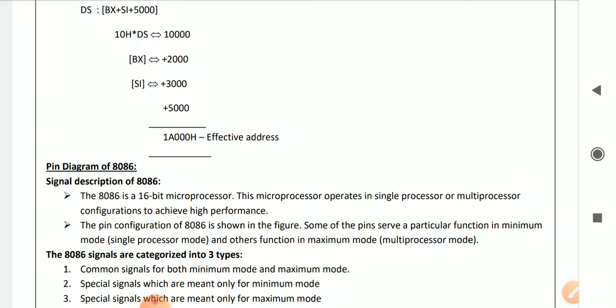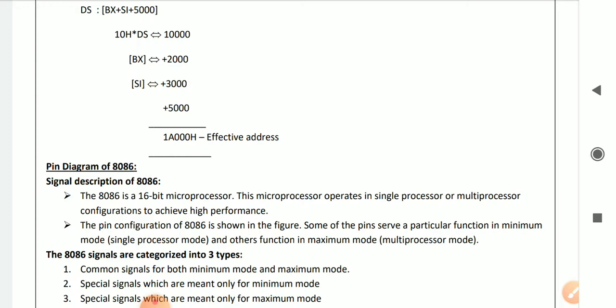Signal description of 8086. The 8086 is a 16-bit microprocessor. The microprocessor operates in single processor or multiple processor configuration to achieve high performance. This was the first microprocessor after the 8085 that can be operated in a single processor mode or multiple processor mode, meaning in a system configuration you can use multiple 8086 processors.